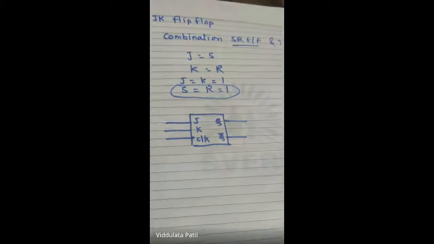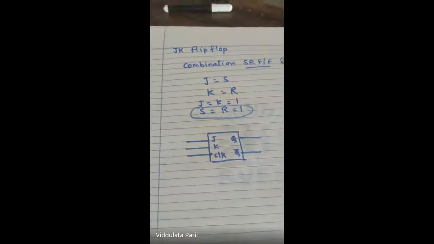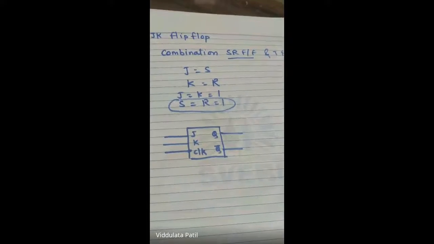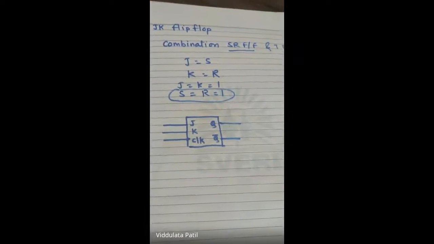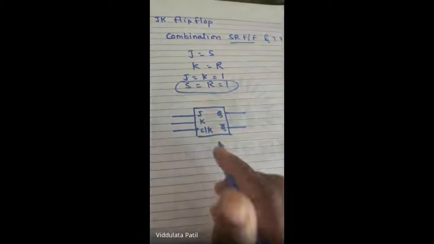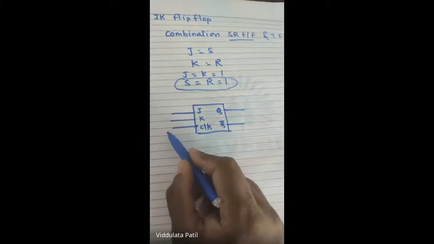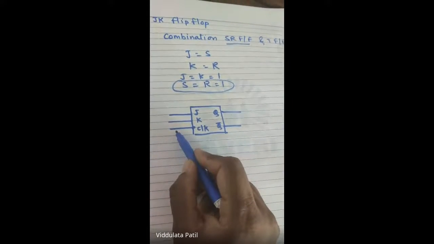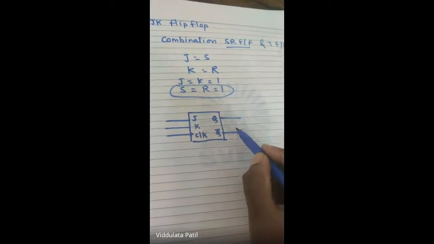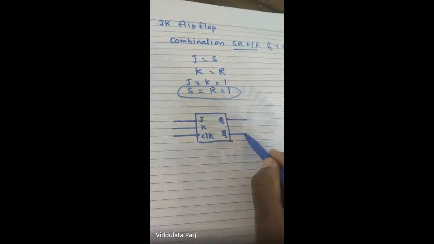But otherwise, for other conditions, it behaves like a SR flip-flop. So this is the symbol of JK flip-flop, where there are three inputs J, K, and one more input, that is clock, and two outputs, that is Q and Q bar.